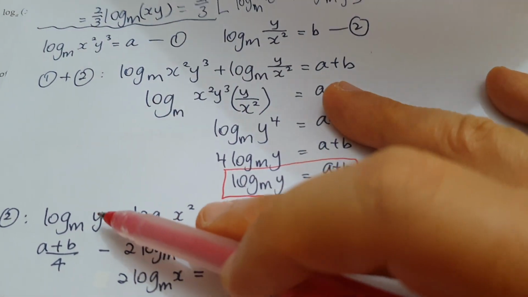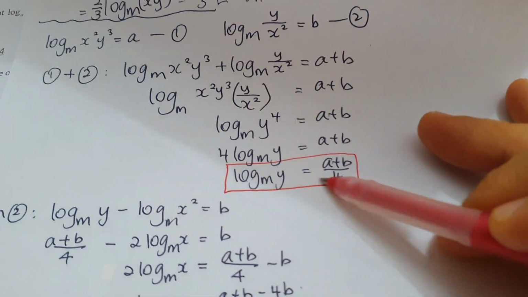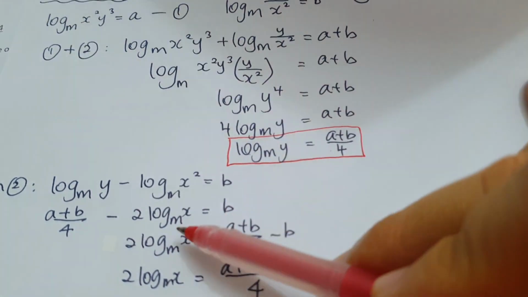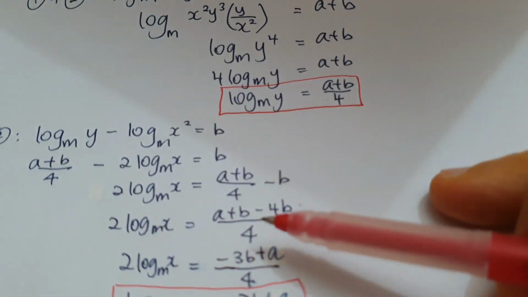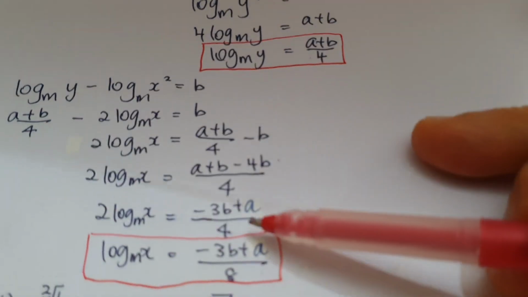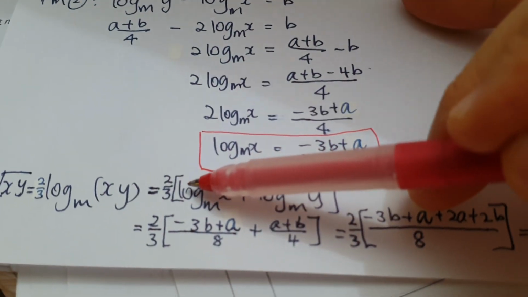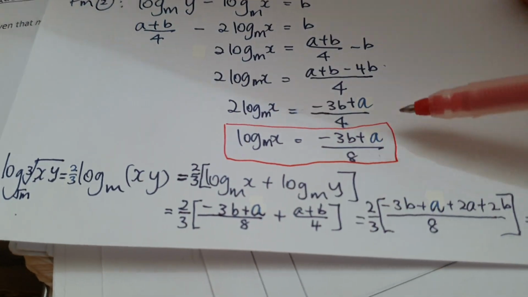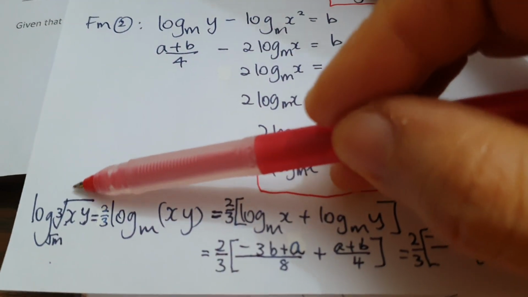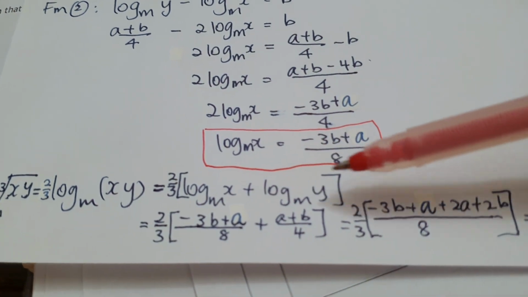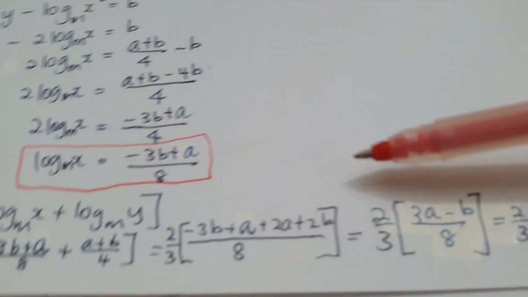Then I already know this is this. I sub here, then I can make log x base m the subject, and I'll get this. Then you sub in, then you can get the answer already. That's it, because that's what they want. I know that this is actually this, which is this, and then I can find the answer.